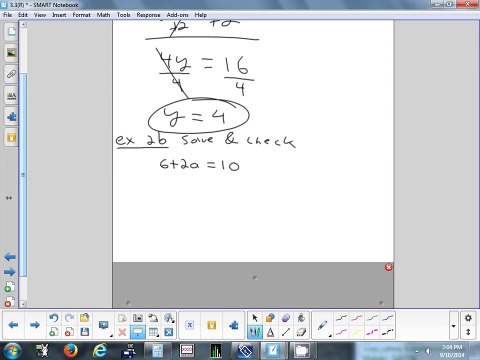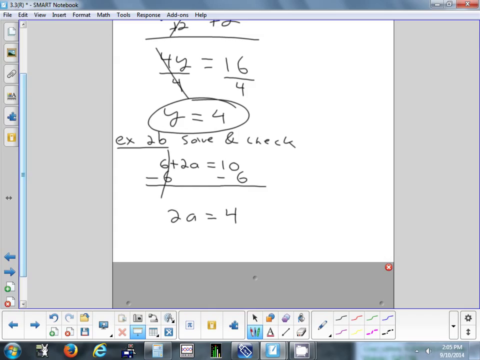Is there any addition or subtraction we need to do? Clayton? Take away 6 from both sides. What's 6 take away 6? 0. That leaves me with 2a on the left. 10 take away 6 gives me 4. We're done with adding and subtracting.